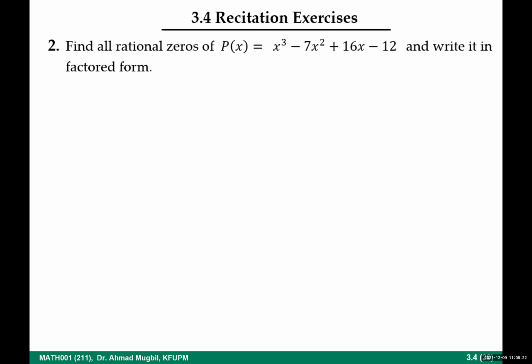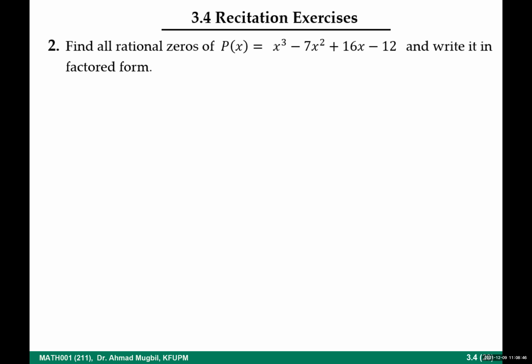Is it 2? Do you agree with him? I found 2 here, and I applied negative 3, and it works. Yes, the remainder is 0. So did you try 1 and -1?